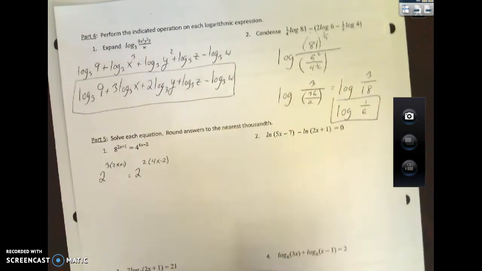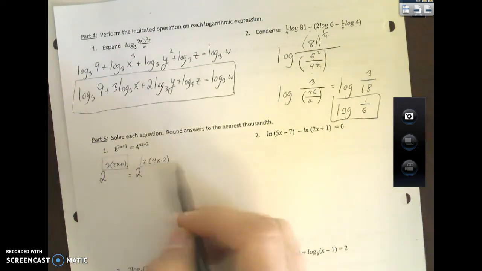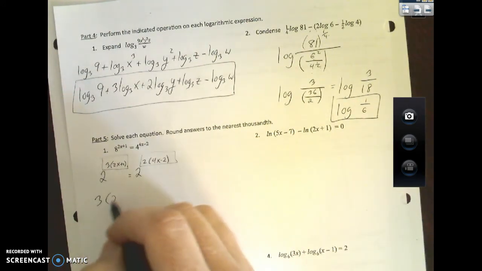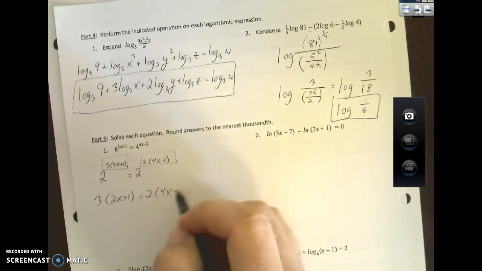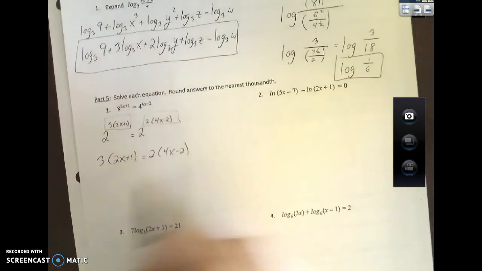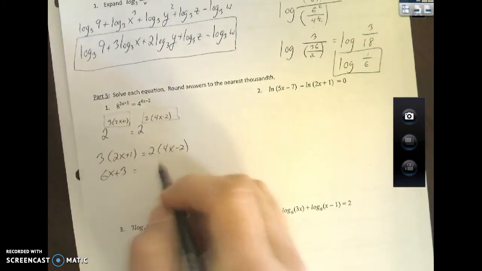On the right, I can rewrite 4 as 2 squared, 4x minus 2. Okay? And then, same base, all I need is to have my exponents be equal. So I can say 3 times the quantity 2x plus 1 equals 2 times the quantity 4x minus 2. Distribute the 3 in. Distribute the 2 in.